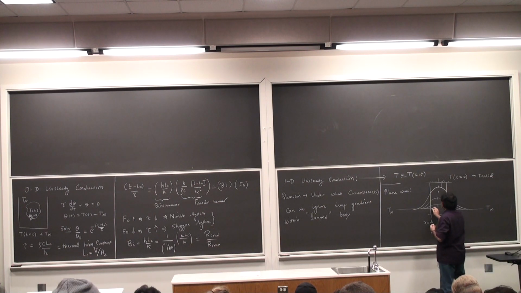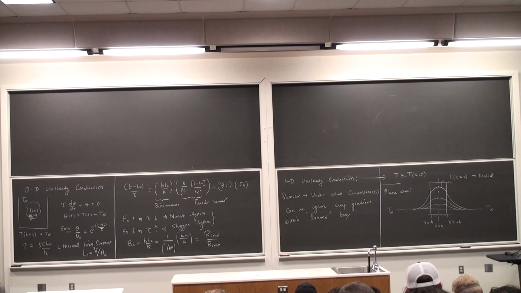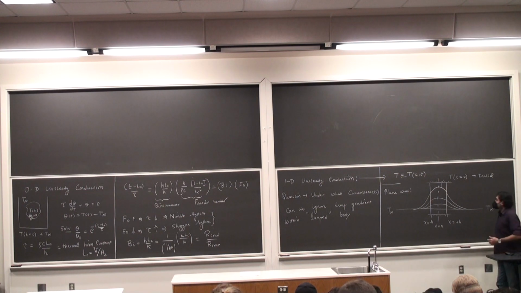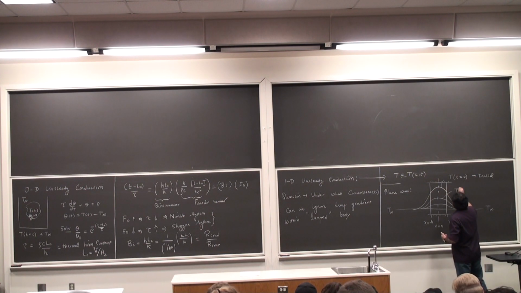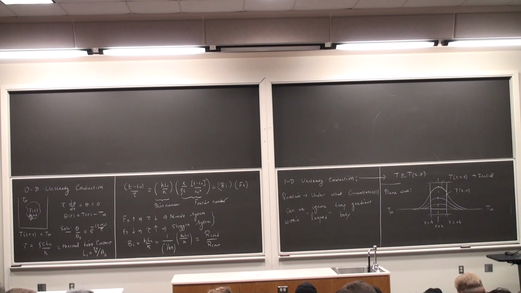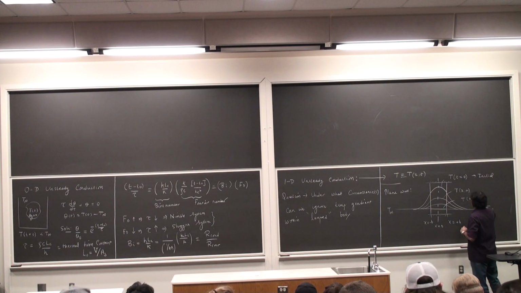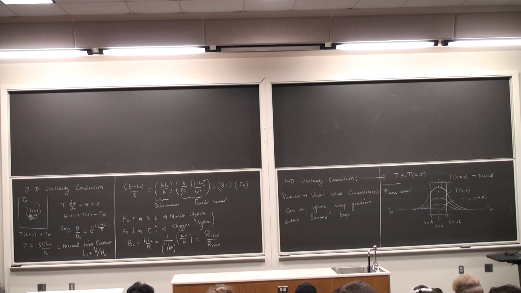I will just get a flat line where the temperature is T infinity everywhere. Okay? So this is the temperature profile. So this is T as a function of x and t, and then this is T at t tending to infinity. Does this make sense to everybody?